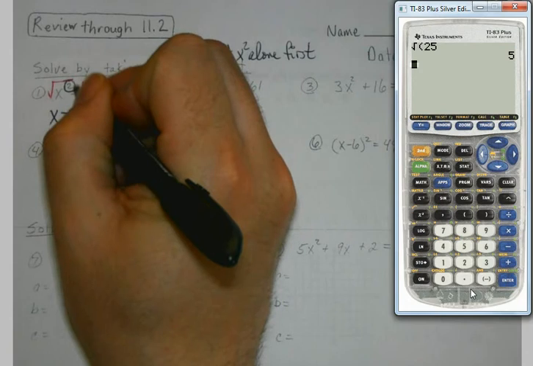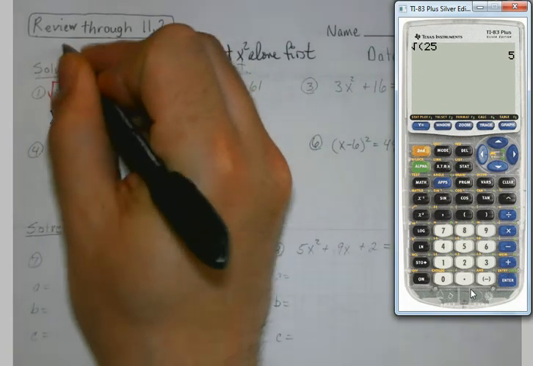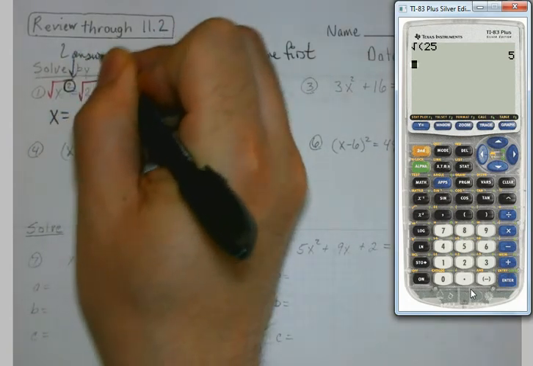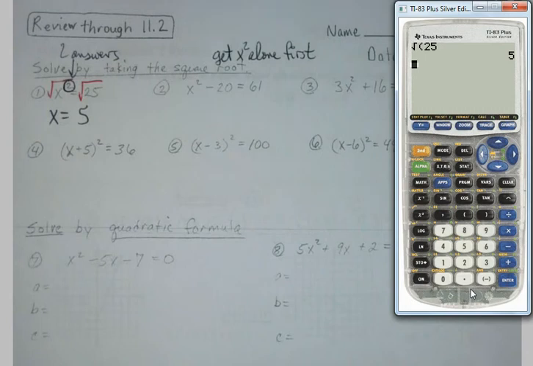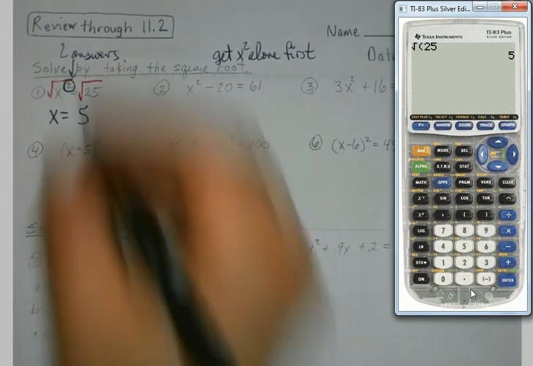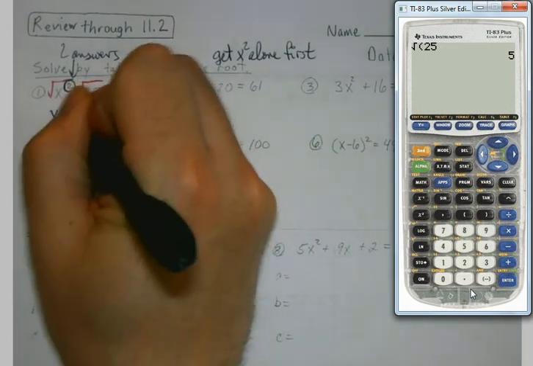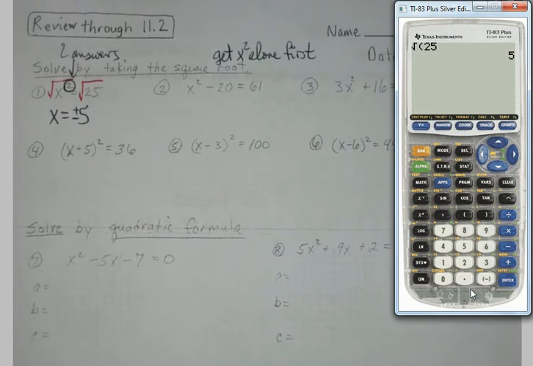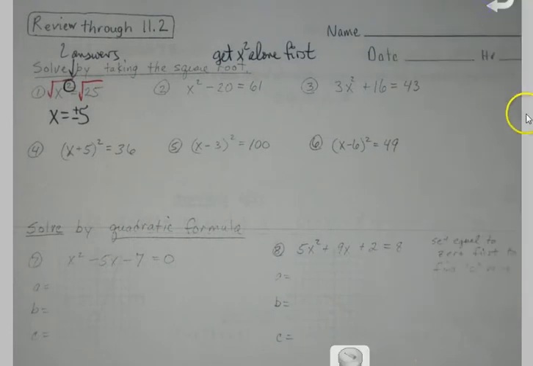That squared means that there's going to be two answers here. So here, it's not only the 5, but it's also the negative 5 that we've got in the solution. I have to have both. So whenever I solve by the square root, I'm going to get two answers. That's something I've got to be cautious and aware of.